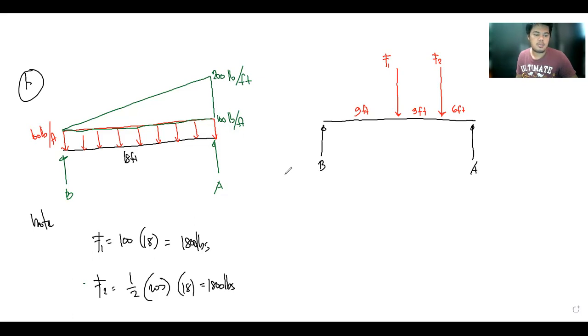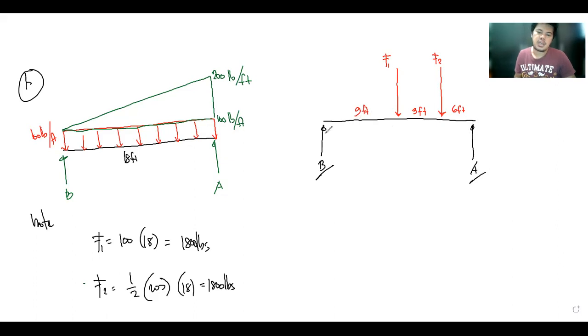Now we have two unknowns, reaction B and reaction A. How are we going to identify the value of A?